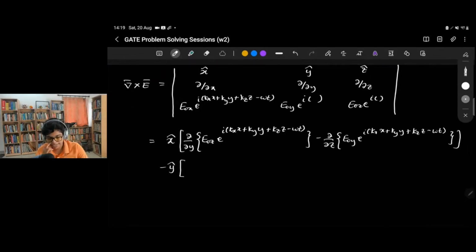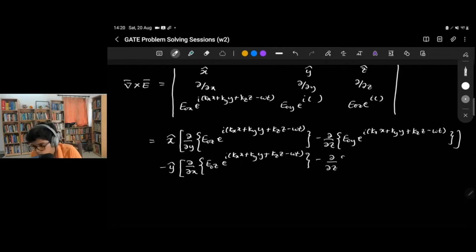Then minus y cap. So this is the determinant. You have first x cap and then these terms, then you will have minus y cap, and then you would take del by del x of E naught z e to the power i (kx x plus ky y plus kz z minus omega t), and then minus del by del z of E naught x e to the power i (kx x plus ky y plus kz z minus omega t).